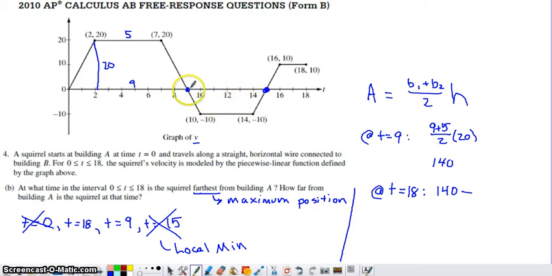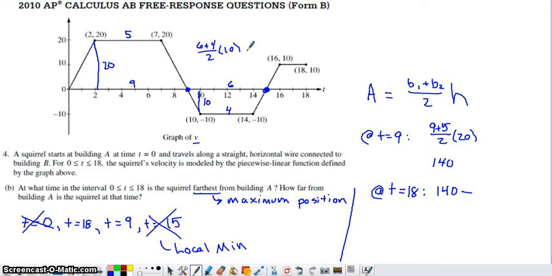So if you try to specify the dimensions of that trapezoid, we're looking at 6 across the top of that trapezoid, and across the bottom we go from a t value of 10 to a t value of 14, so that would be 4. And then the height of this trapezoid would be down 10, so 10 units. So the area of that trapezoid is going to be found by taking 6 plus 4 divided by 2 times the distance between the parallel sides.